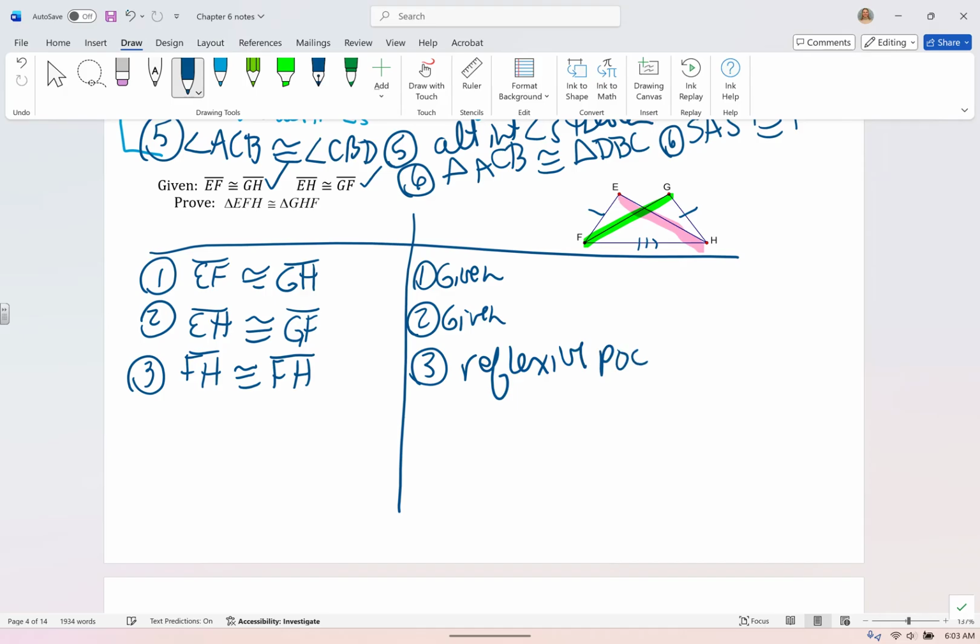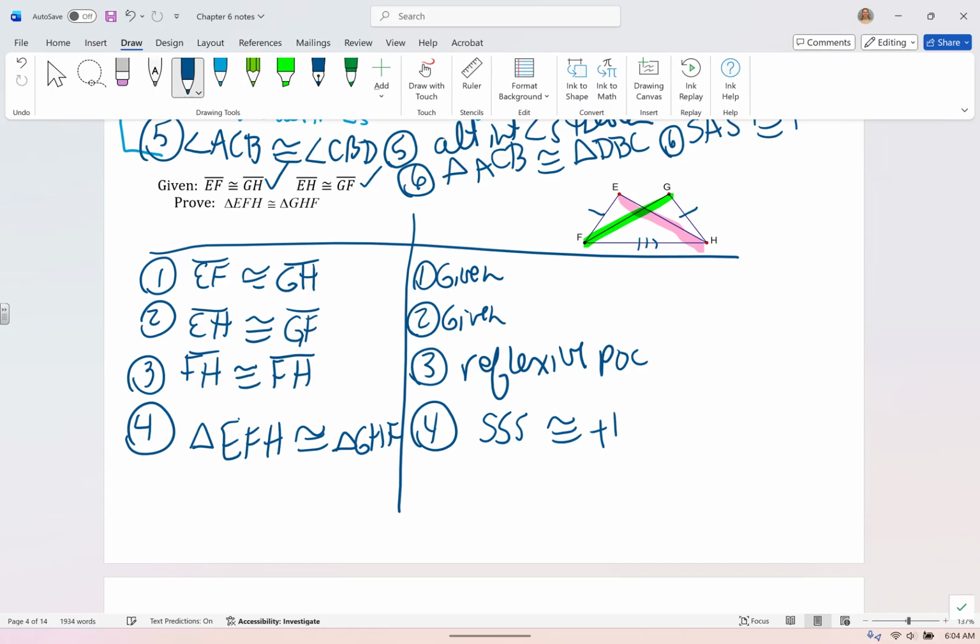And so as a result, we know that 3 of the sides of the first triangle match the other triangle. And so therefore, triangle EFH has to be congruent to triangle GHF. Why? Not triangle congruence, because we didn't prove all the 6 things. By the side side side congruence theorem. Okay, so look at this.